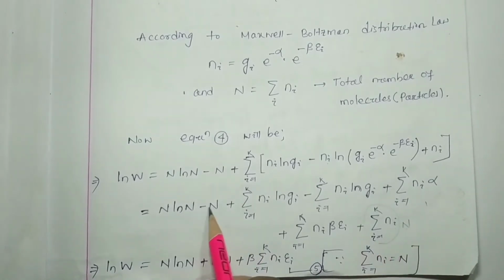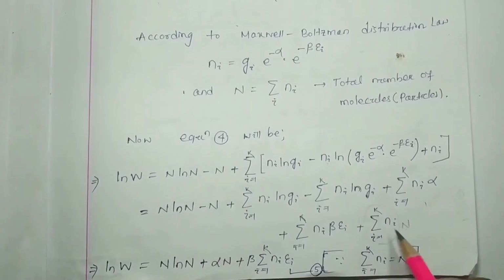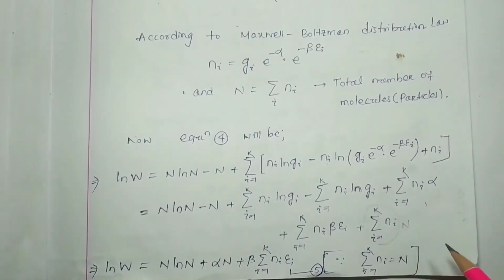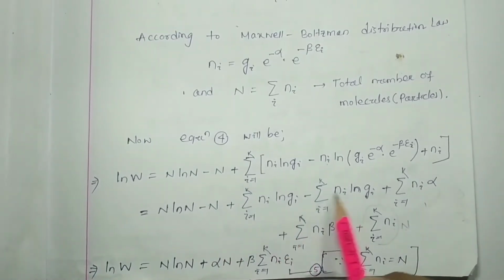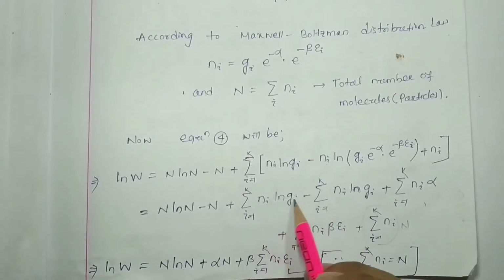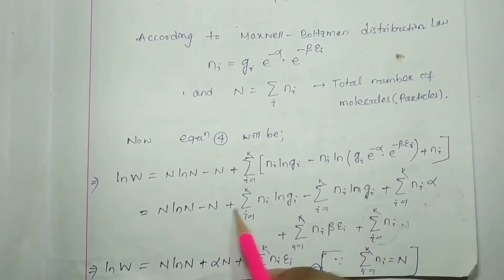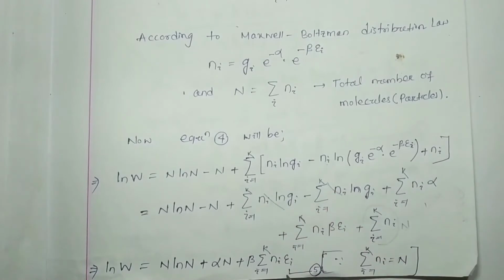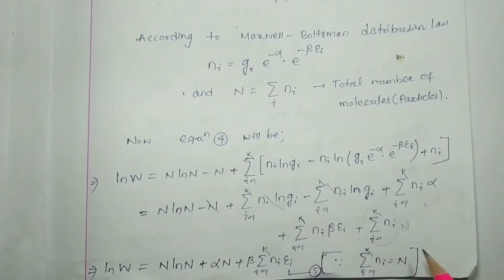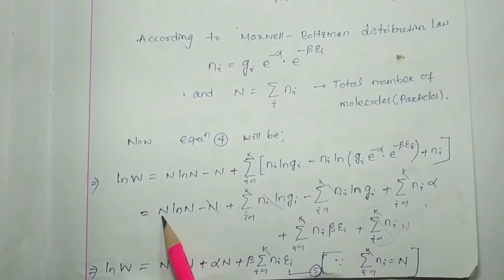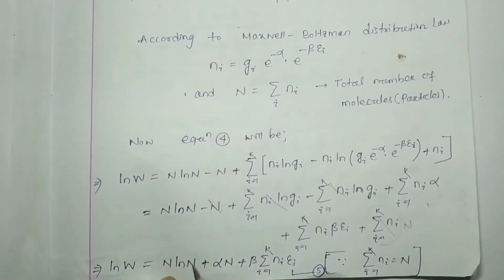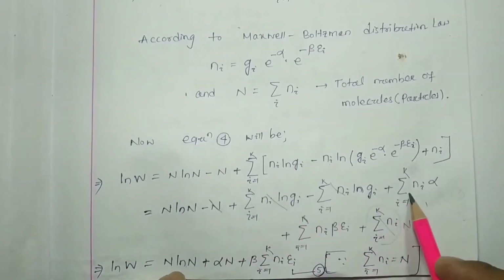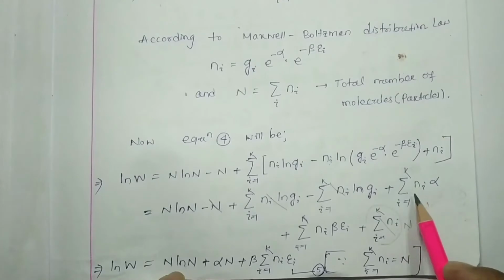Here one minus capital N is there, so this minus and plus are going to be cancelled out. Two terms are going to be cancelled out: see, n_i ln g_i, plus and minus, cancel out. Only three terms remain: N ln N, then the summation over i equal to 1 to k of n_i alpha.